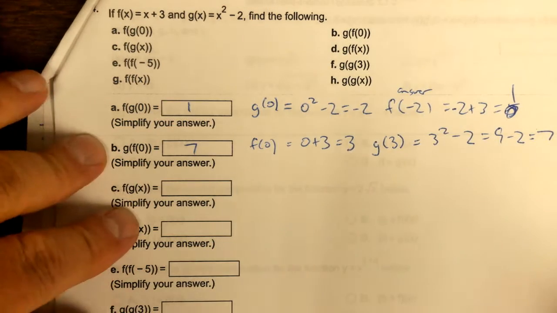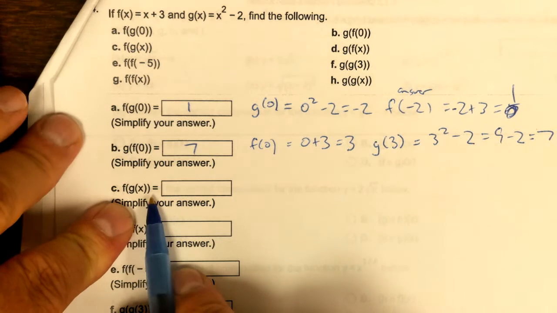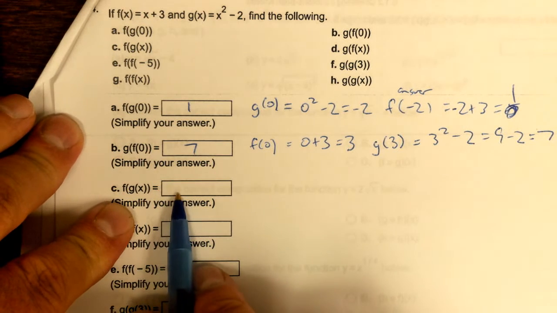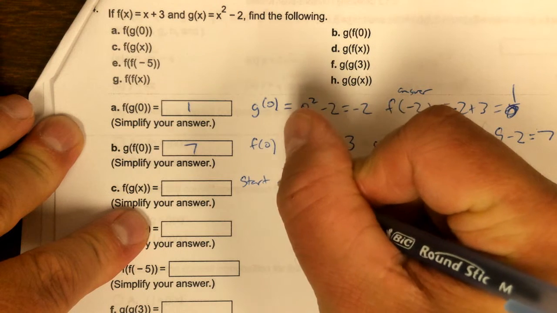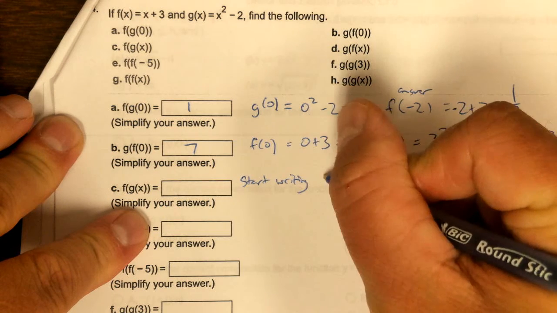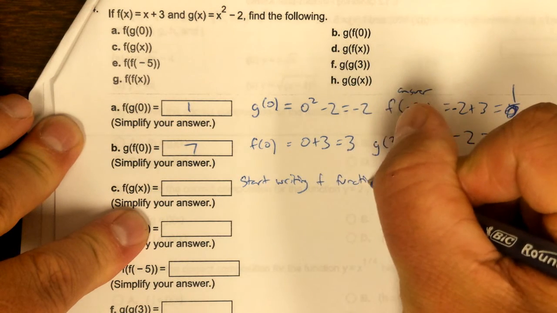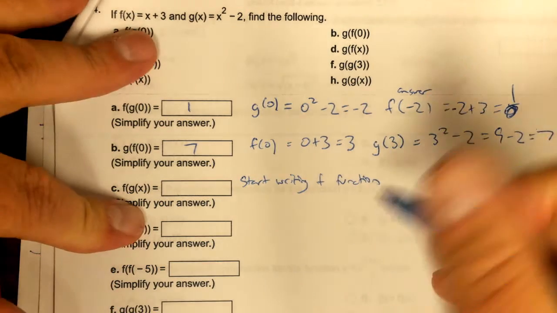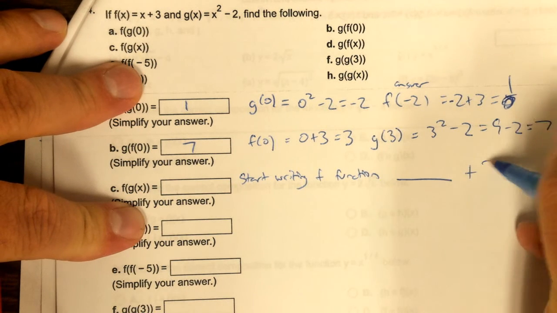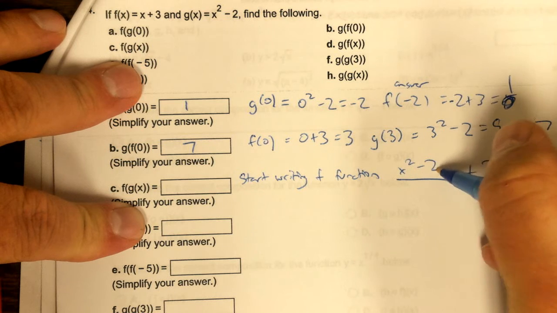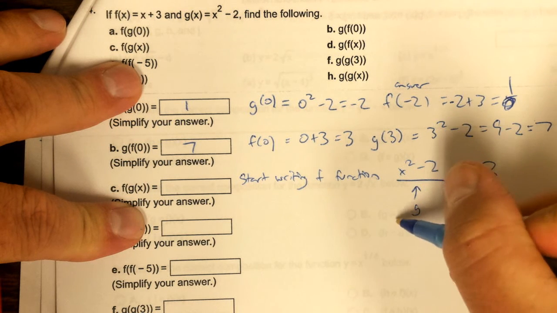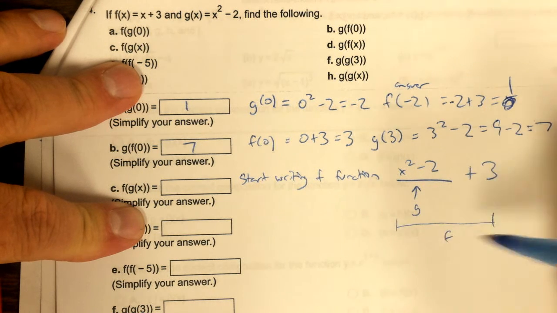Now for f of g of x, there's not going to be a number answer. You basically start writing the f function. So for example, it's going to be something plus 3, and then you plug in x squared minus 2. So this is the g, and the whole thing was the f.